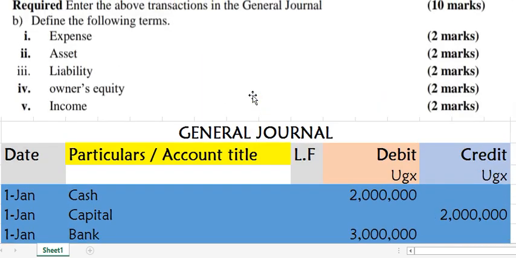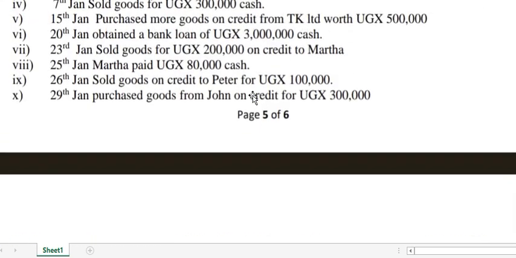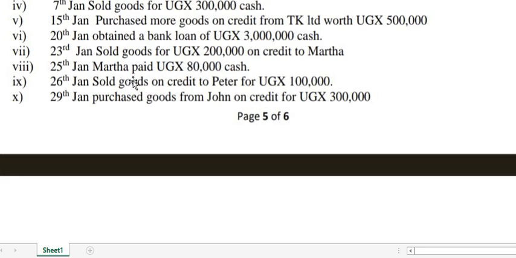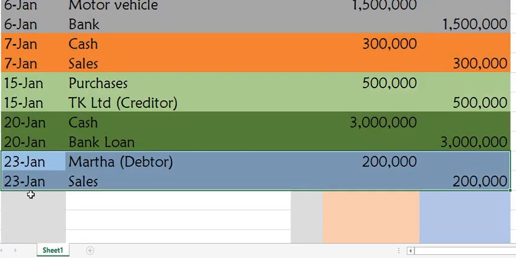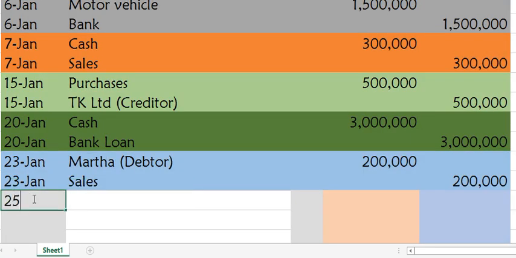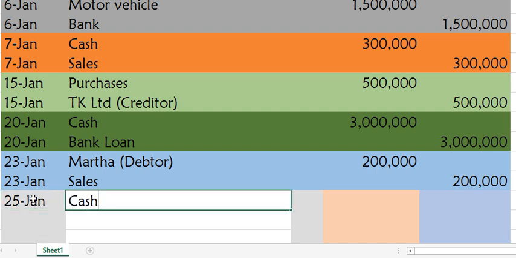What else do we have? On 25th January, Martha paid Ugandan shillings 80,000 cash. When Martha is paying, first of all, our cash is increasing, the asset is increasing. We are receiving cash from Martha.